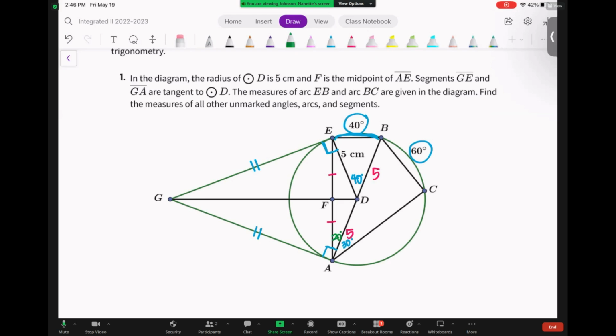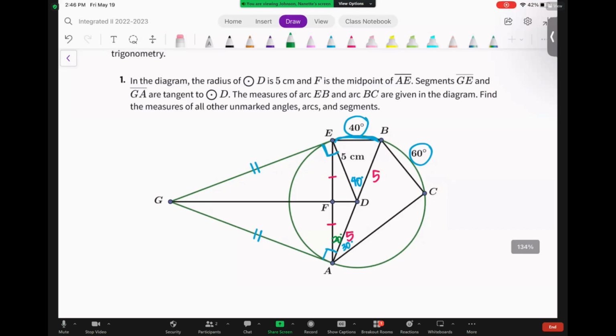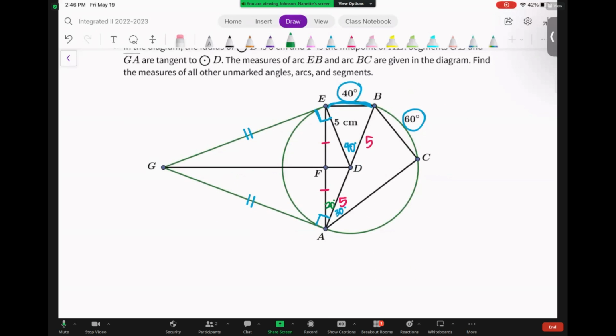There's a couple other things that I'm seeing here. Oh, okay, here's another one. Because I know that this radius is congruent to this radius, I know that this angle is congruent to this angle, right?